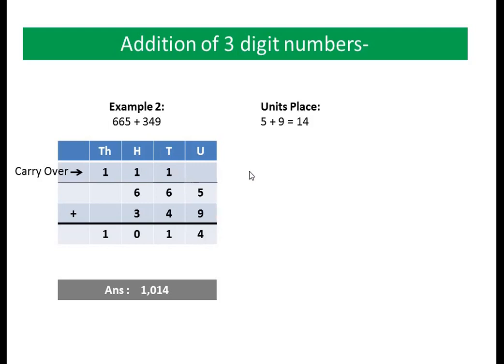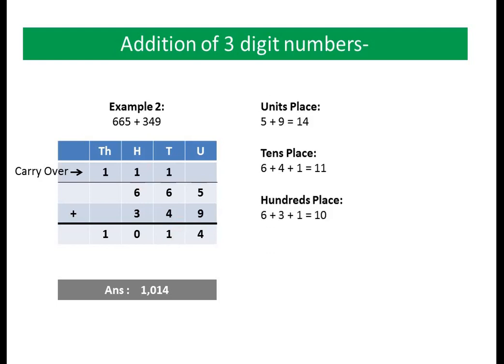Now the addition of tens place, that is 6 plus 4 is equal to 10, and add 1 which was carried over from units place. So 10 plus 1 is equal to 11. We write 1 in tens place and carry 1 to hundreds place.